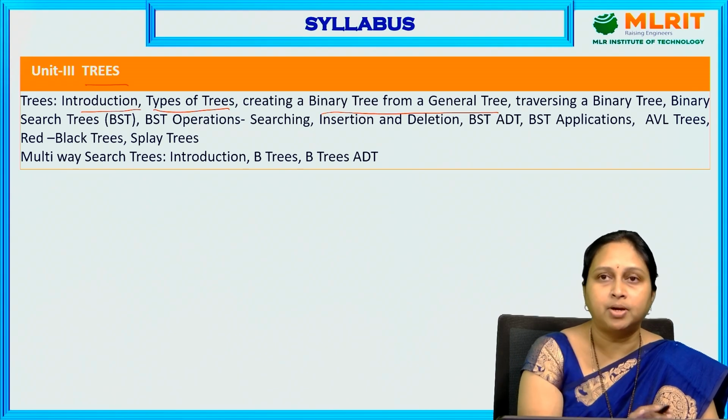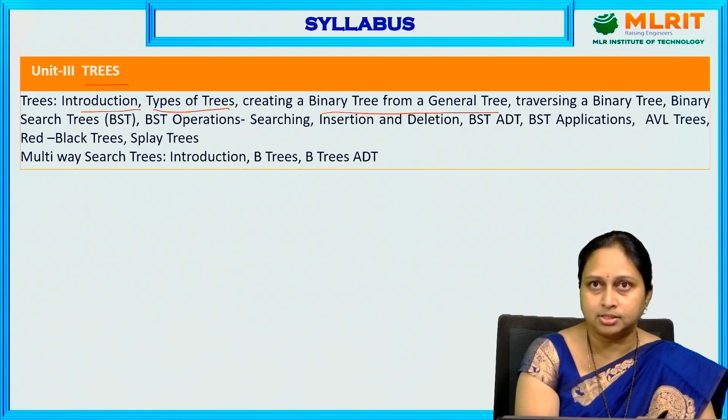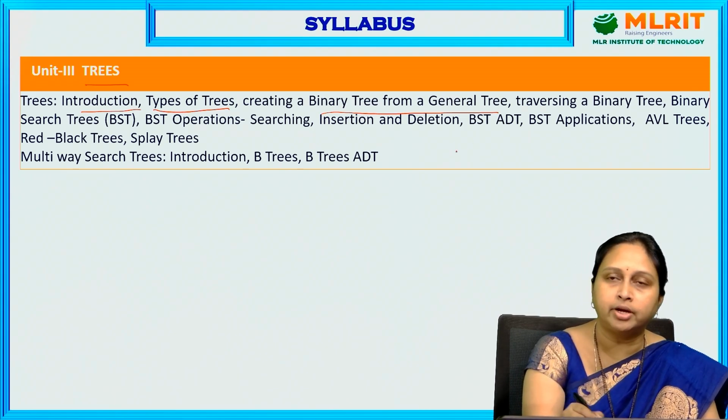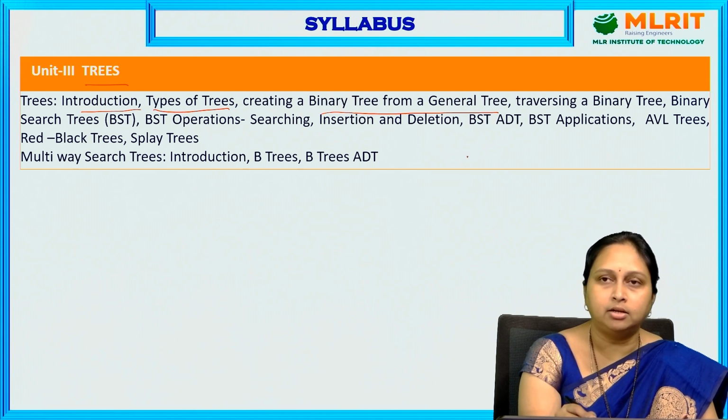When you represent a normal tree, as we know, in a normal manual representation, the tree will be like this, right? You will have the root at the bottom, and you will have the branches, leaves and all.